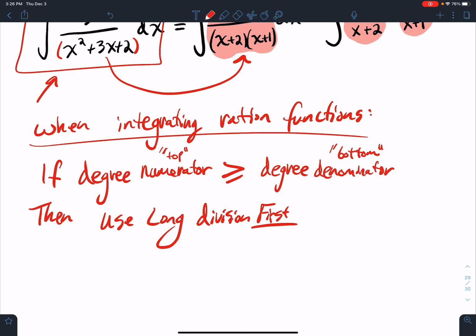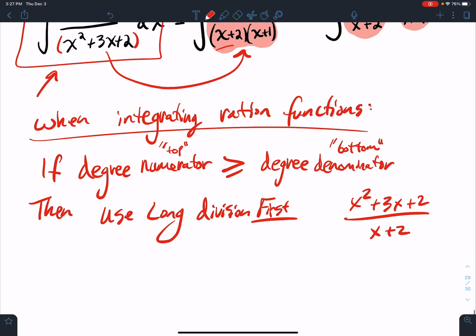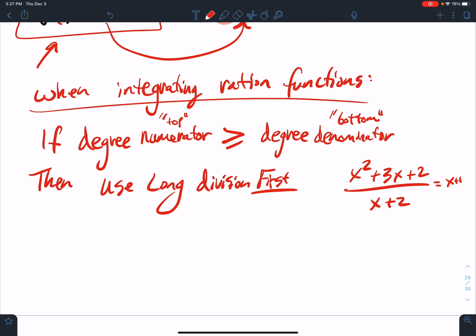So, an example where the degree of the numerator is greater than the degree of the denominator. If I had x squared plus 3x plus 2 divided by, well, golly, we know this factors, right? So if I divide by x plus 2 here, what do I know it should equal? It should equal x plus 1, right? You see how that simplifies the problem?